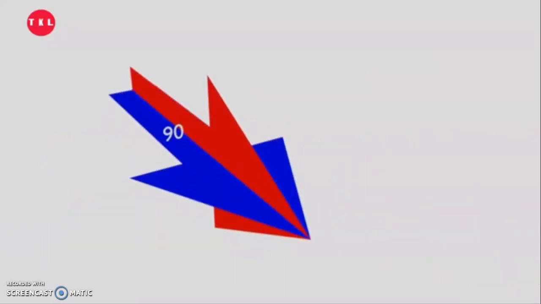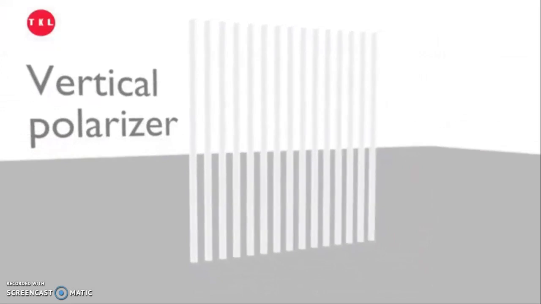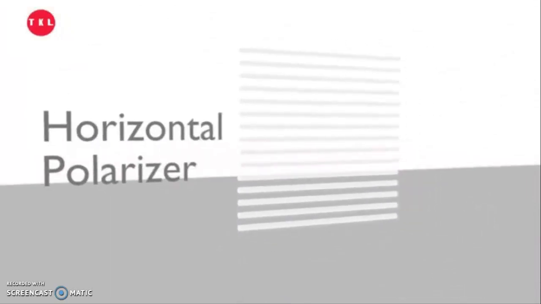Both are 90 degrees different from each other, or mutually perpendicular. Any LCD display has two polarizers, a vertical polarizer and a horizontal polarizer. The vertical polarizer blocks horizontal light and the horizontal polarizer blocks vertical light.